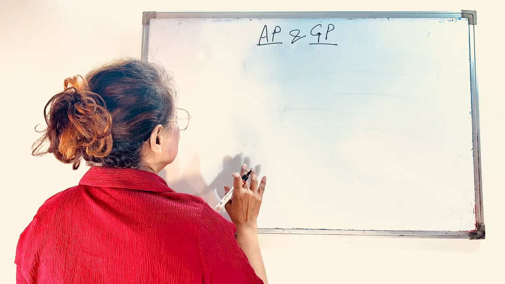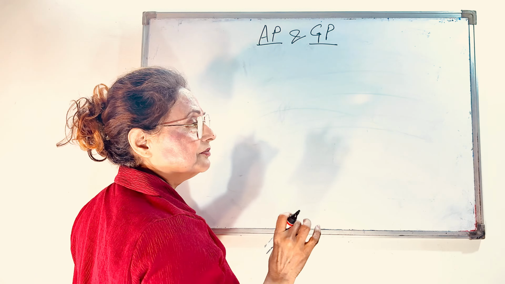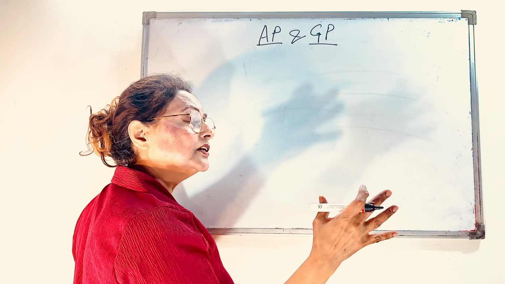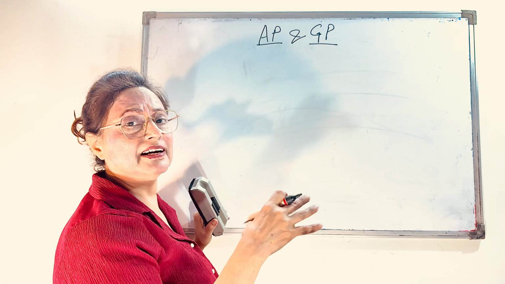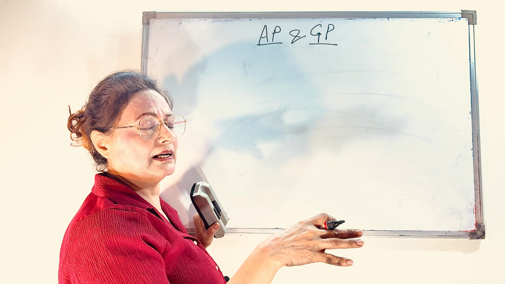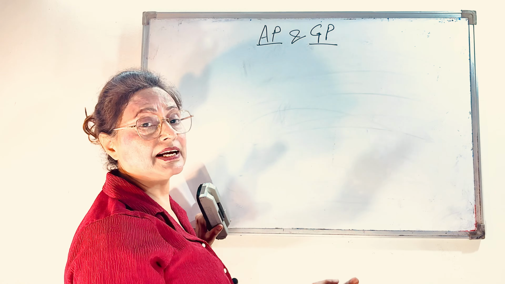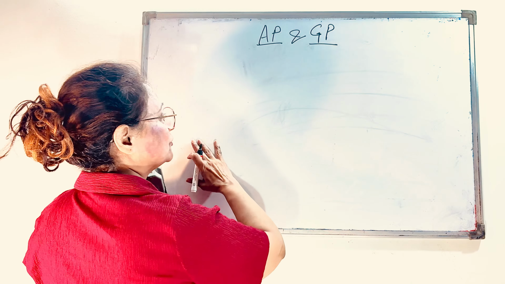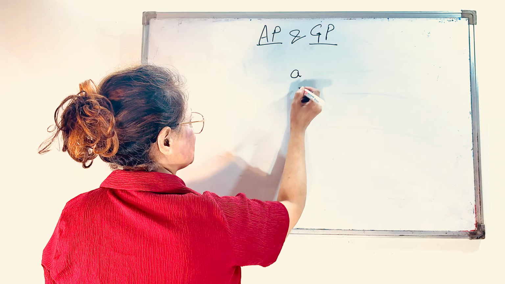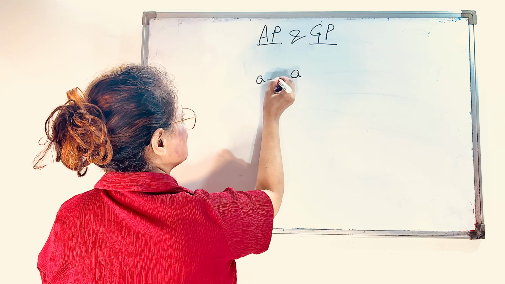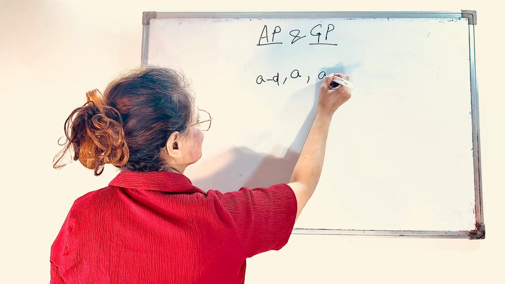Now, if you're asked in a question that there are three terms in AP, like 52 is divided into three numbers such that these numbers are in AP. In such questions, if three terms are asked, we take the middle term as a, the previous as a minus d, and the next as a plus d.